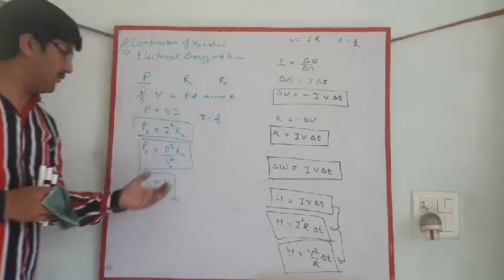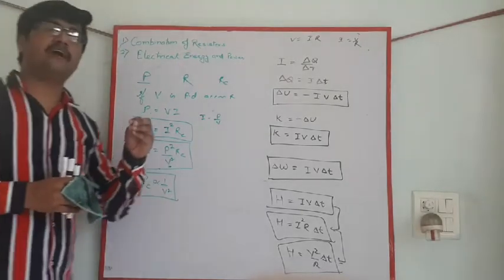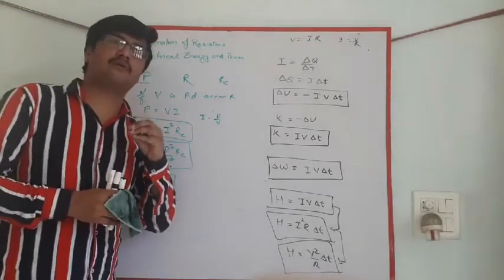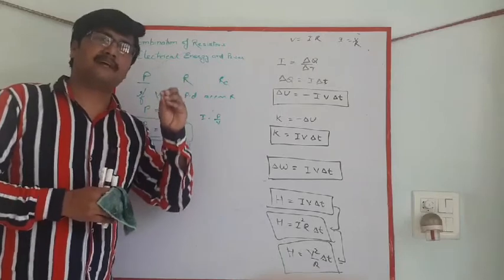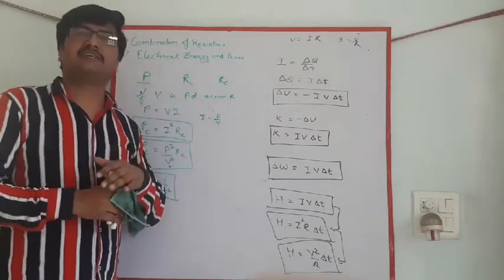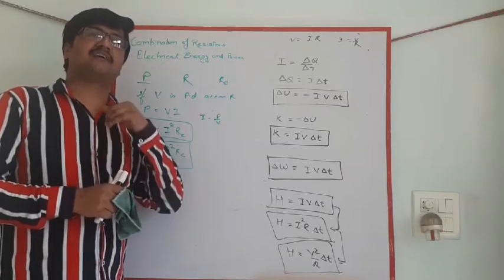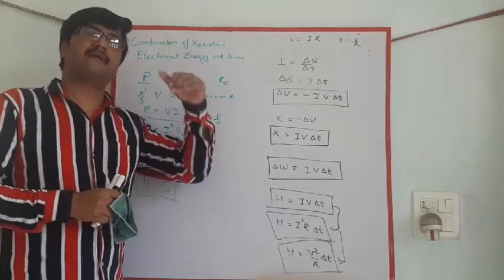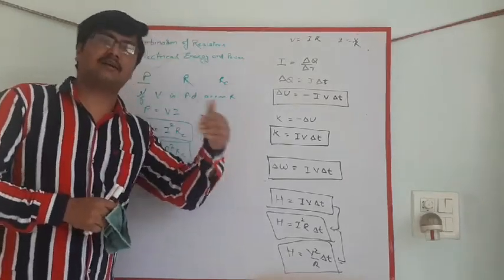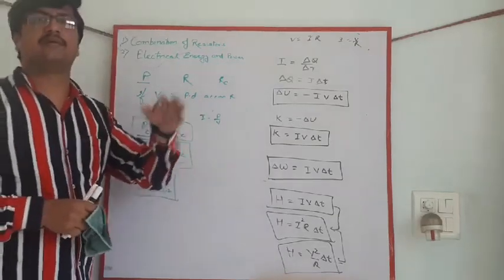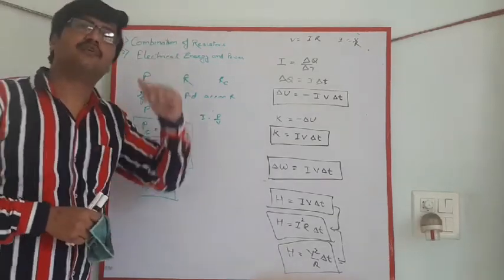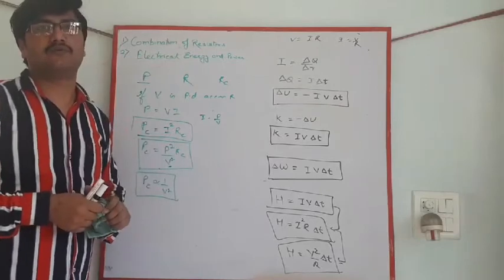So what happens when we have to transmit power over a long distance? From the starting point, the voltage is increased to a large value and then transmitted. When it reaches the other end, the voltage then drops down to the desired value.